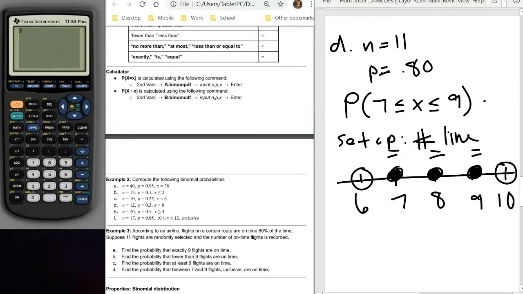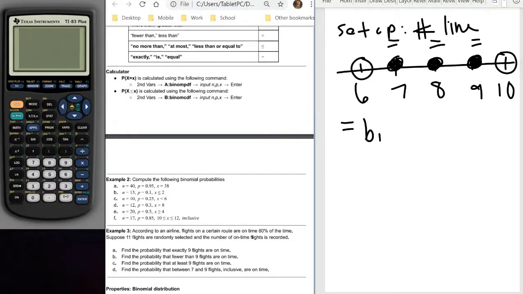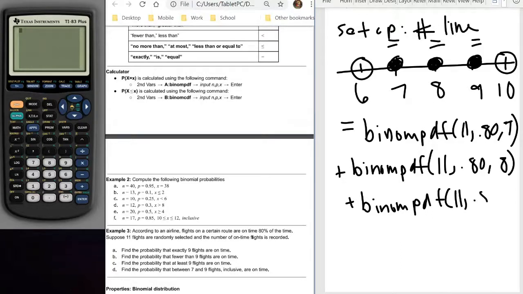So this probability statement is equal to, equal sign says we can use binom PDF, number of trials, probability of success, and we can first be equal to 7 plus binom PDF 11, number of trials, probability of success, and then we can equal to 8 plus binom PDF 11, 0.80, and then we can equal to 9.